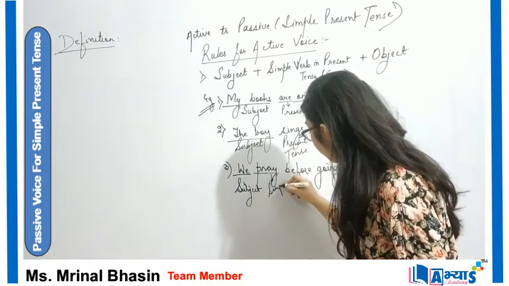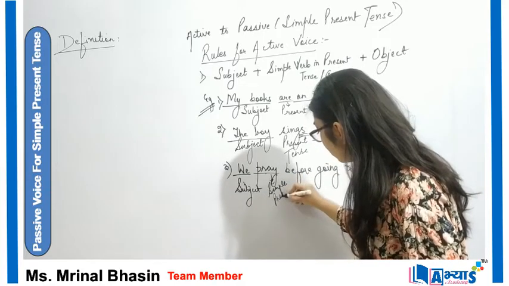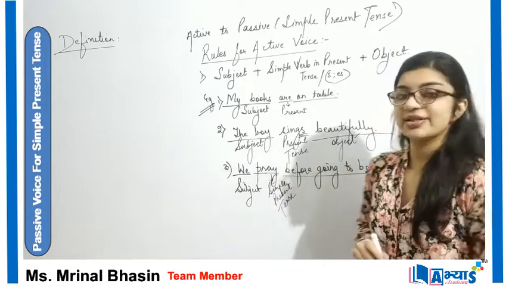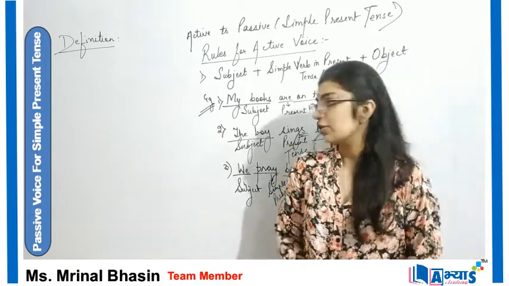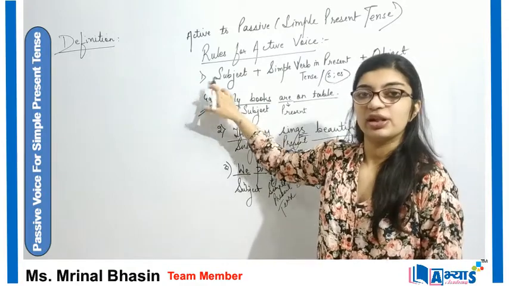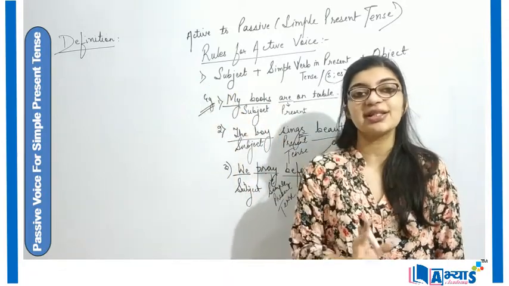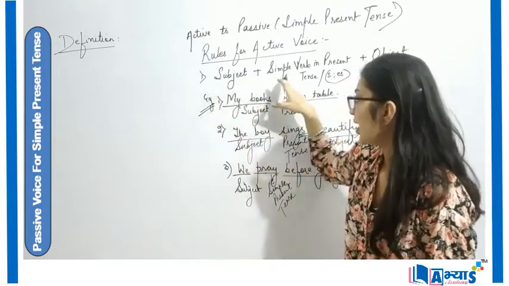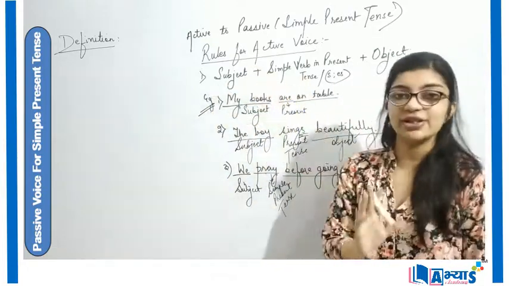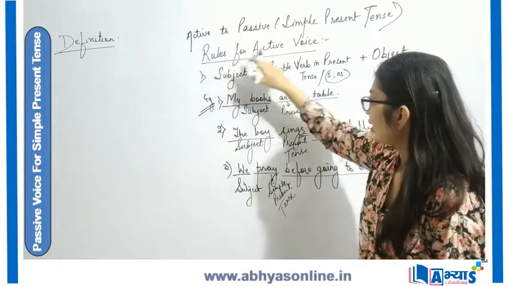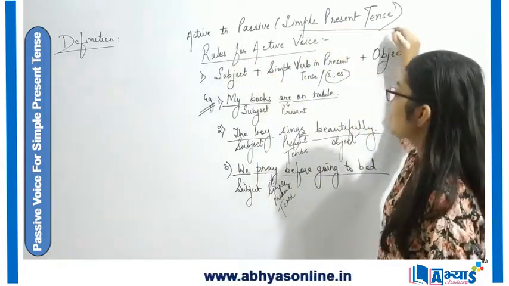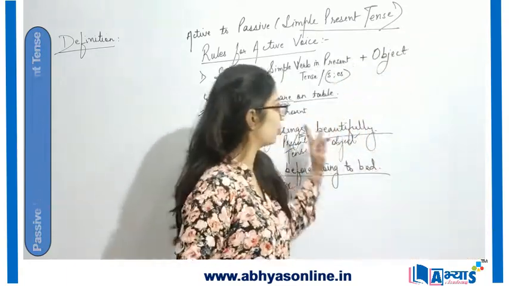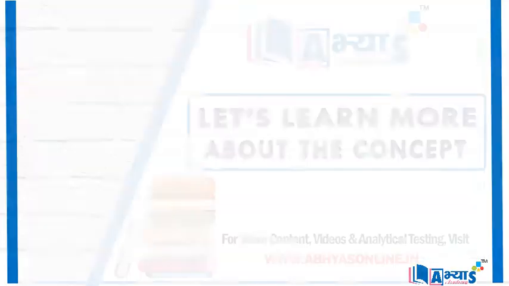So this is a simple present tense. And before going to bed is again the object. So I hope that this rule is clear. So for finding whether the sentence is in active form, we will first figure out the subject. Then we will make sure, because we are first referring to the active voice in simple present tense, the verb should also be in simple present tense and then it should be followed by the object.